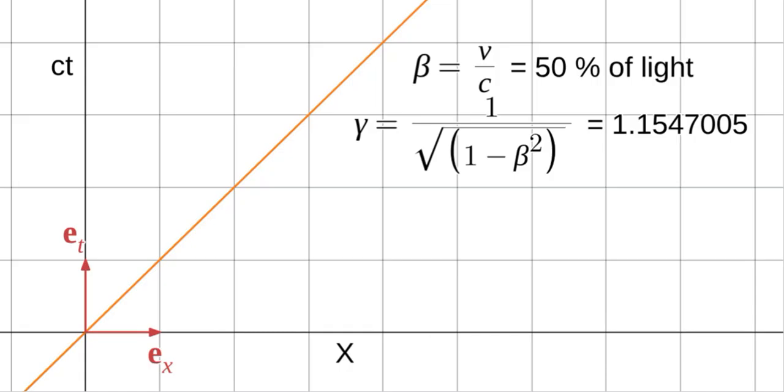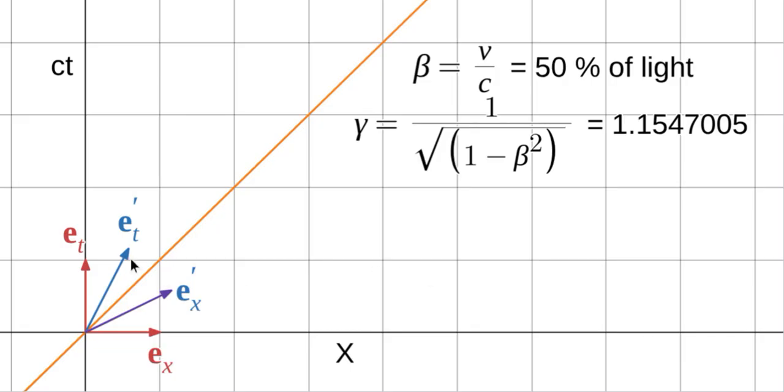Okay. Now, having this information, we can use our Lorentz transforms, and we can show the basis vectors in the new coordinate system. This is the coordinate system of the person in motion. That is their e t prime basis vector, and here is their e x prime basis vector.